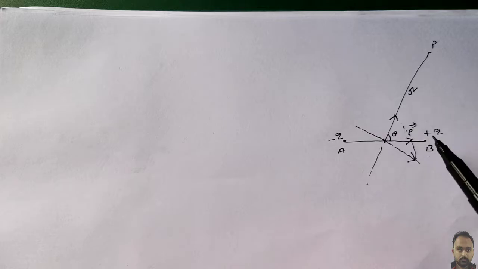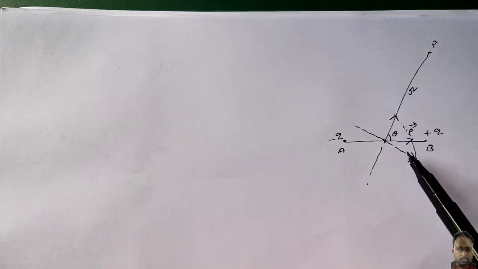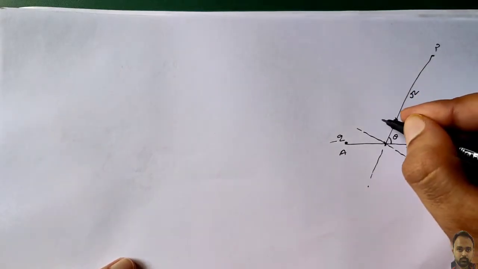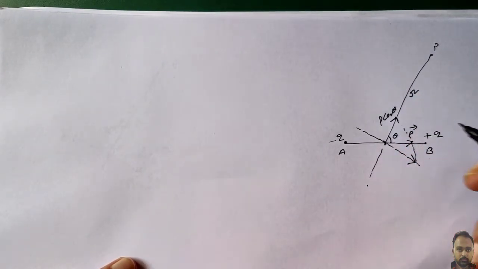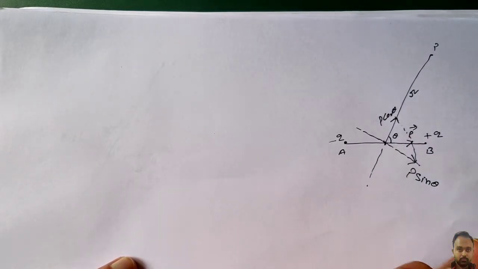We have resolved this P into two components, one along the r and one normal to this r. And we know that जिस component के साथ में angle होता है, we write cos along with that component. So we are going to write here P cos theta, because this is P, and this will be P sin theta.